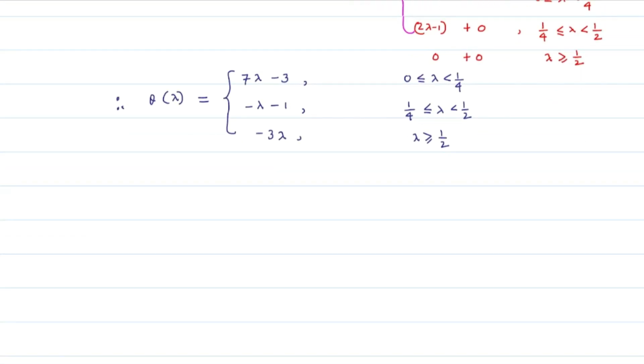Now I would like to give an example in which we will find that although the primal problem has an optimum solution, the dual does not have any optimum solution.